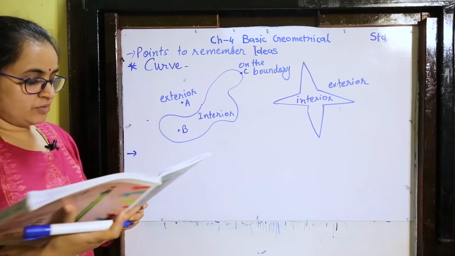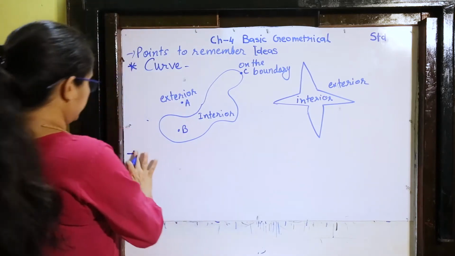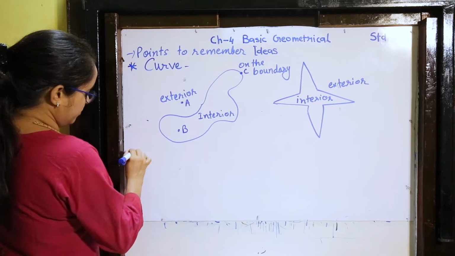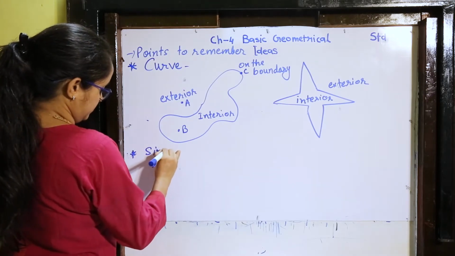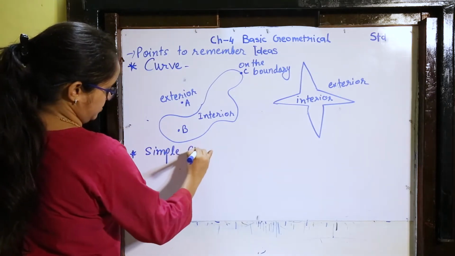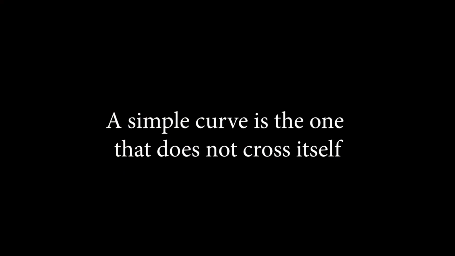Okay. Now, second point is simple curve. What is simple curve? I will tell you. A simple curve is one that does not cross itself.